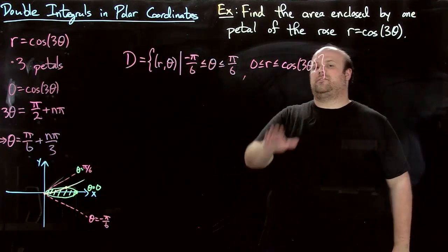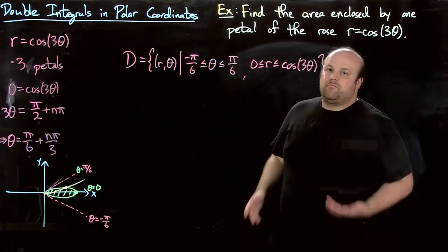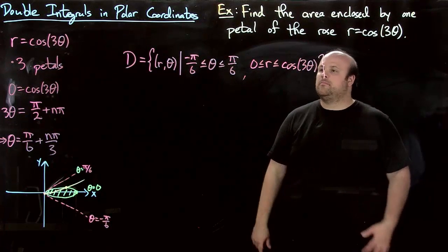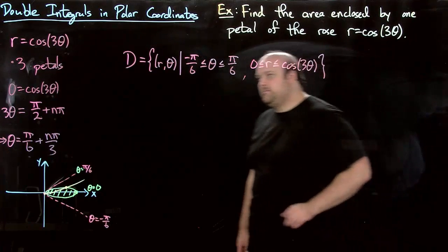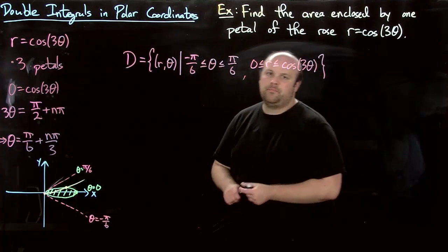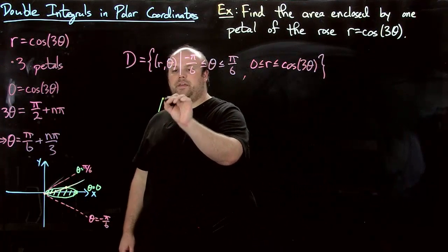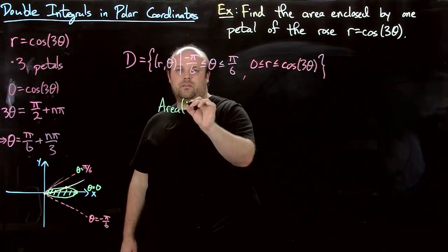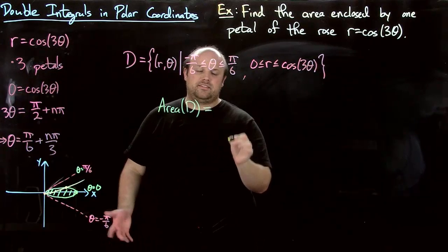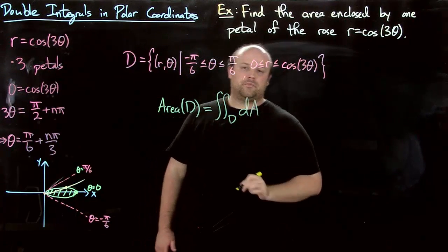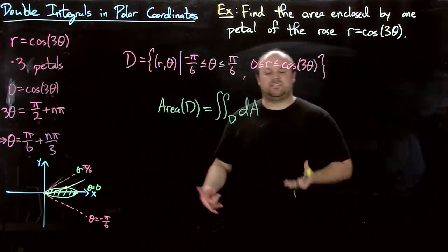So we have something that's a function here, but we can do that in double integrals, no problem. So how do we find the area? Well, remember, as a double integral, the area of a region D is given as the double integral over D of dA, or 1 times dA if you like.